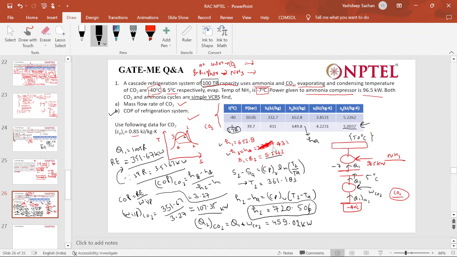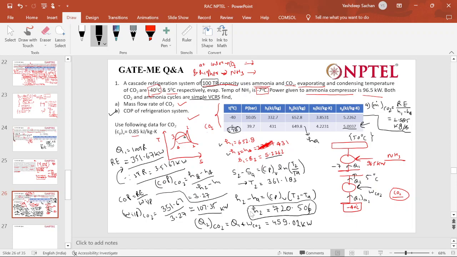If you subtract, whatever comes is the refrigeration effect per kg, right? So M dot of CO2 would be the refrigeration effect divided by H1 minus H4. Correct or not? 1.585 kg per second. So first problem is nothing, it is a simpler one.